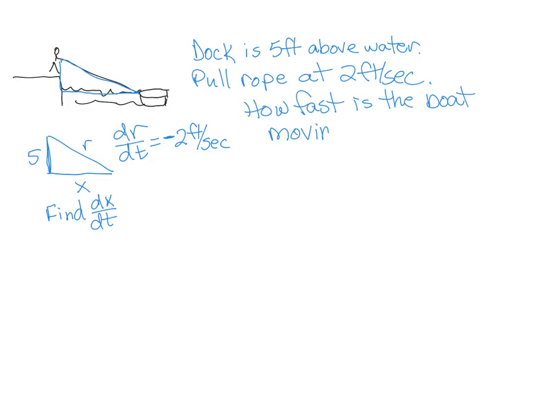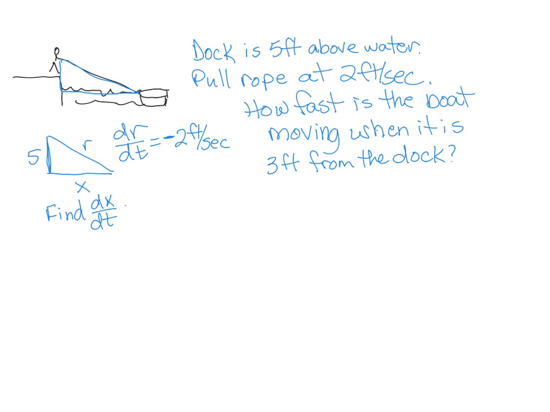And I think we've already proven with the last problem that the boat's actually going to be speeding up. So how fast is the boat moving when it is 3 feet from the dock?